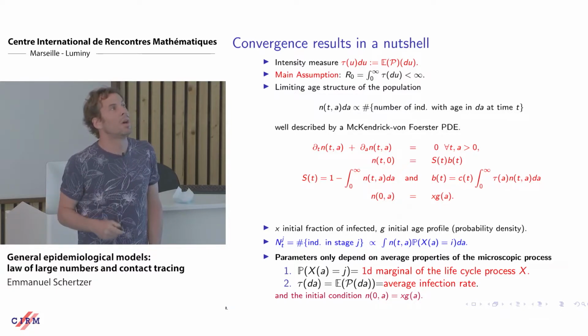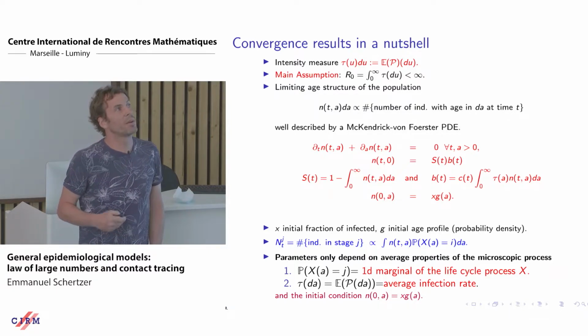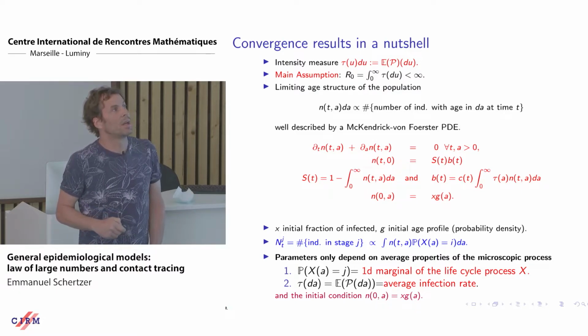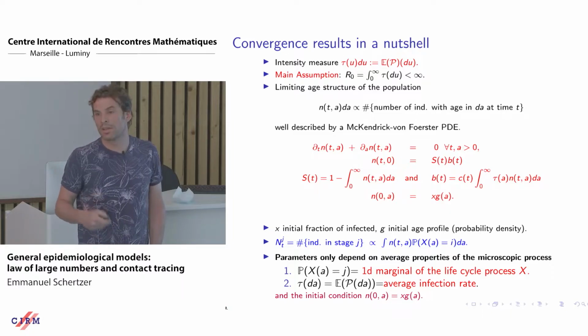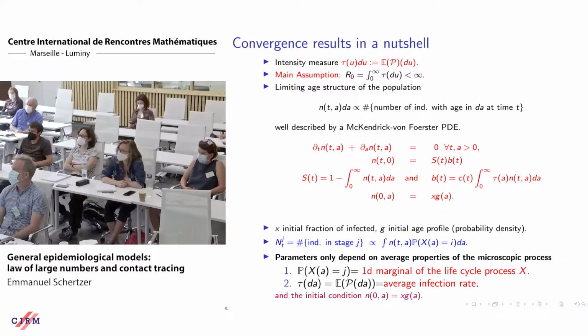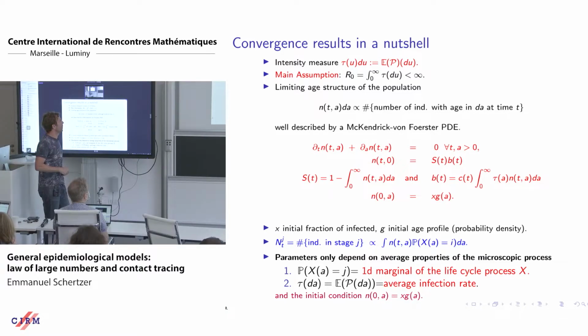So this gives you the average number of secondary contacts that you will make during the course of infection if you start with a single infected individual in your population. And so this is R0. And here what I want to assume for the rest of the talk is that R0 is less than infinity. But apart from this, that's about it.